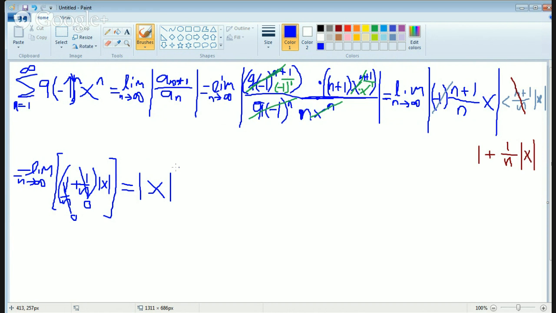Now that you found that, it's time to test the series when x is less than 1.